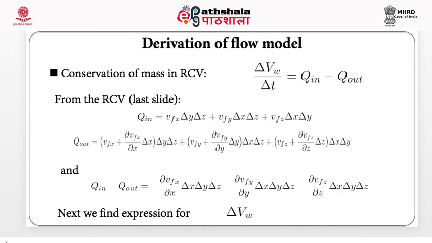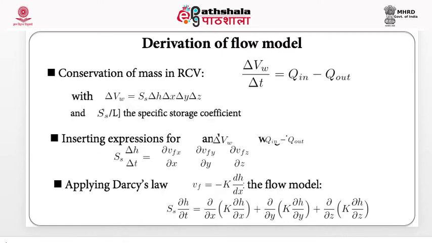So that results in the equation that you can see on the screen, that is partial square h by partial x square, and the sum of all these for the hydraulic head equals 0. It is to be noted that the flow equation is a second order partial differential equation and is linear in hydraulic head. The other form of flow model that we normally observe is a Poisson equation.